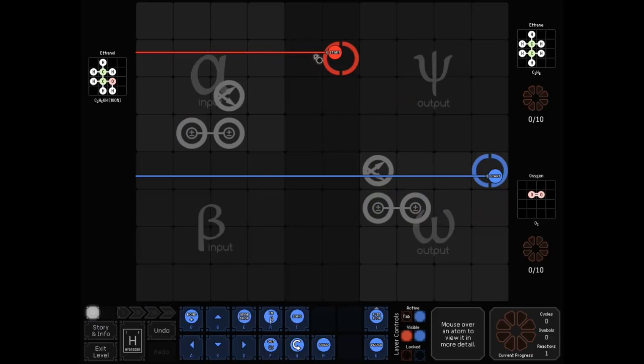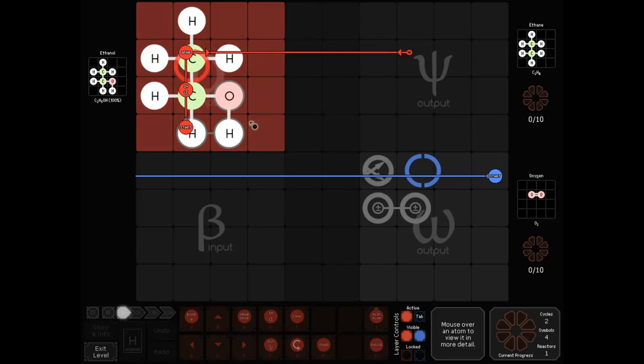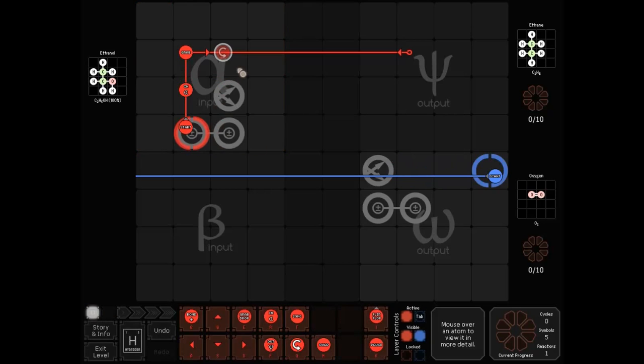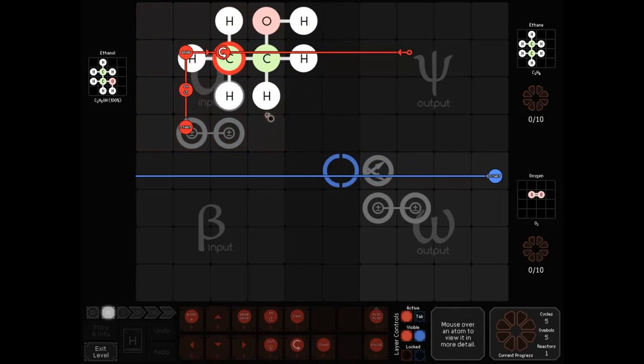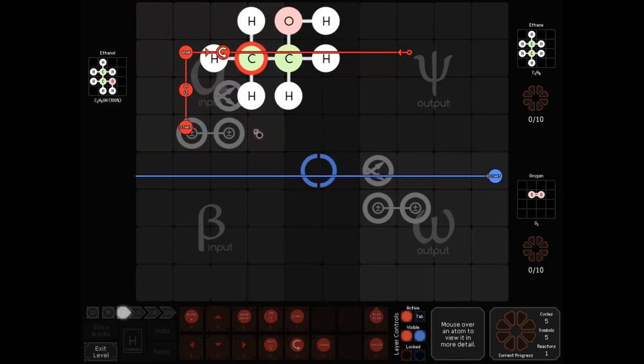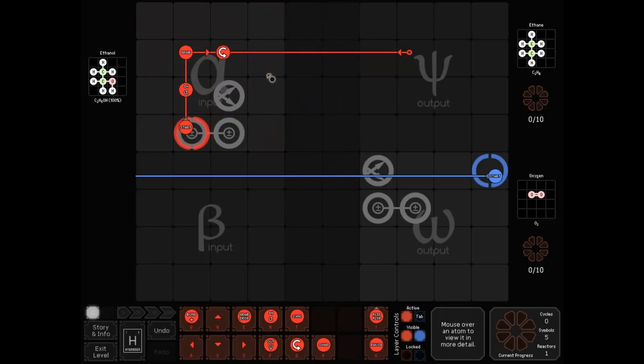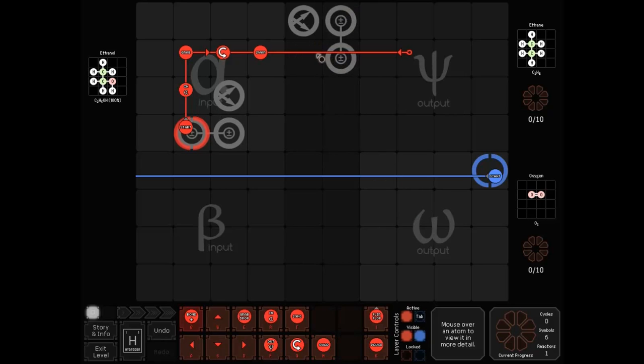The way I think I can do that is by having red just go in a line like this. So let's do this. Let's input here, grab, rotate. Once it hits there, I can swap, bond.